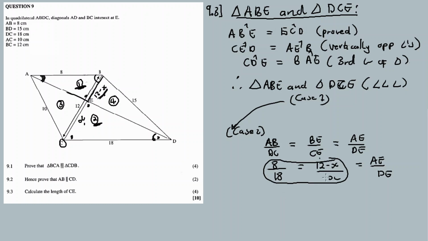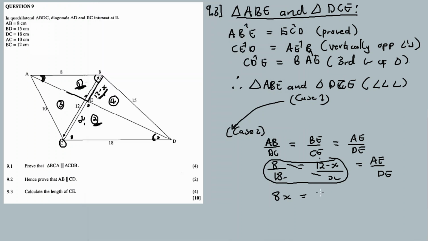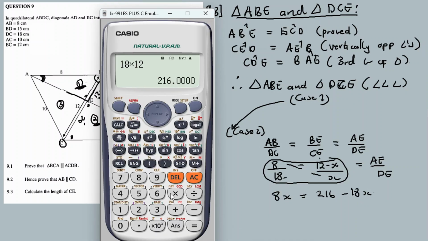So anyway, then we cross multiply: 8x equal to 18 times 12. 18 times 12, that's 216 minus 18x, right? Minus 18x, transpose 18, you figure it becomes positive.